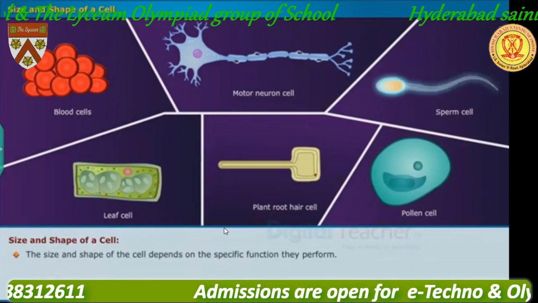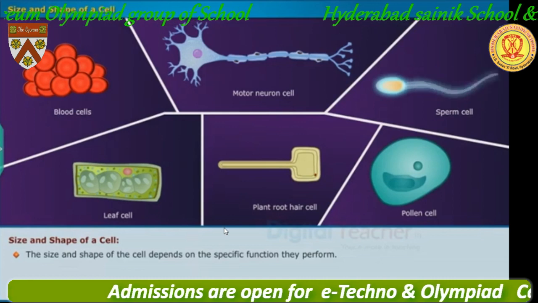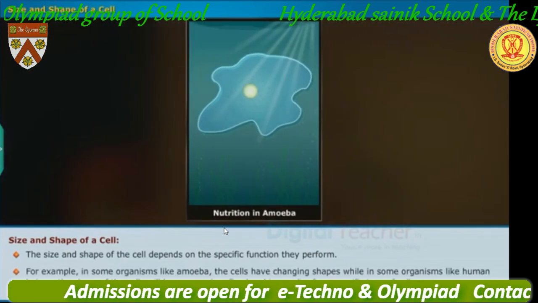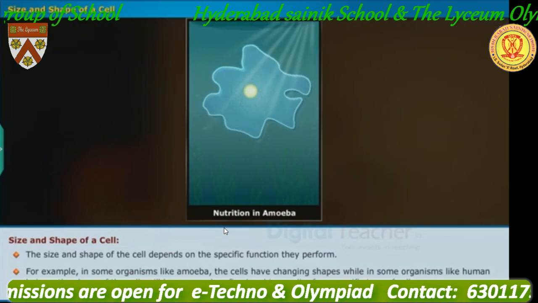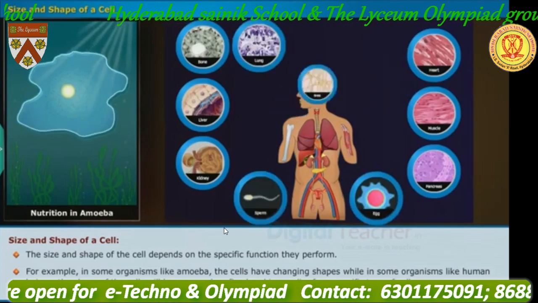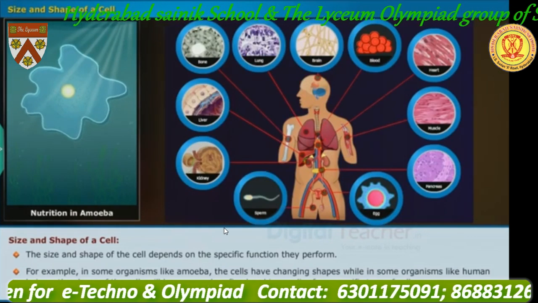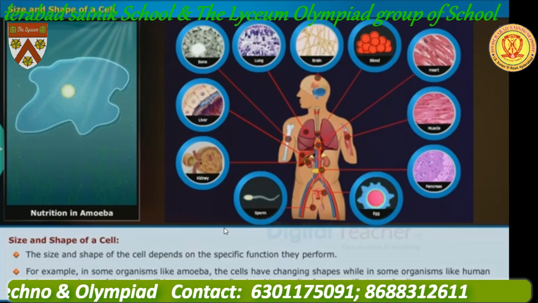The size and shape of the cell depends on the specific function they perform. For example, in some organisms like amoeba, the cells have changing shapes, while in some organisms like human beings, the shape of the cells will be more or less fixed and is peculiar for a specific type of cell.